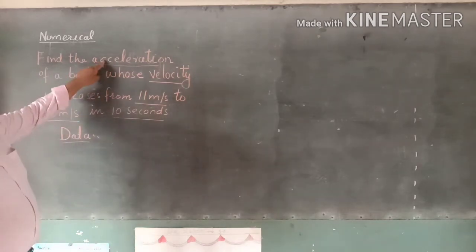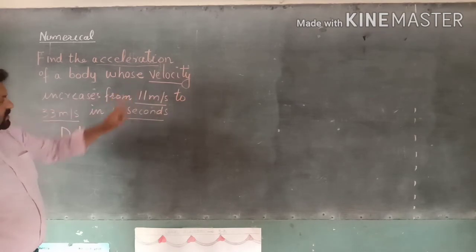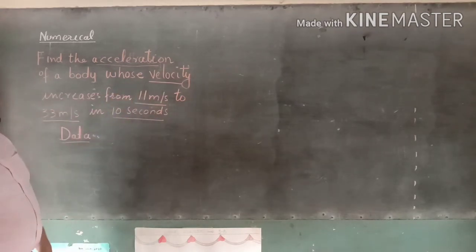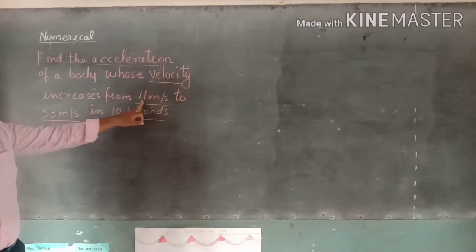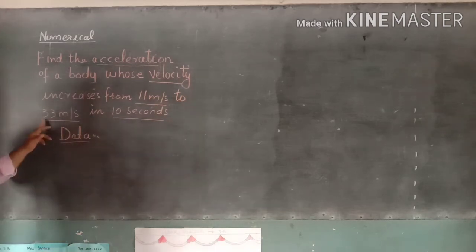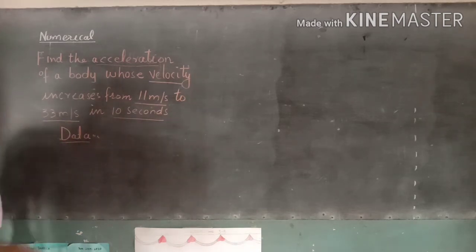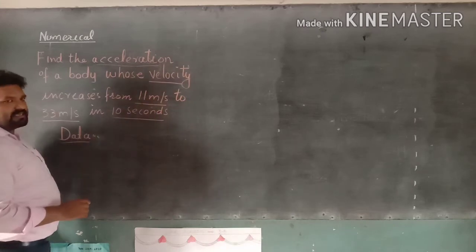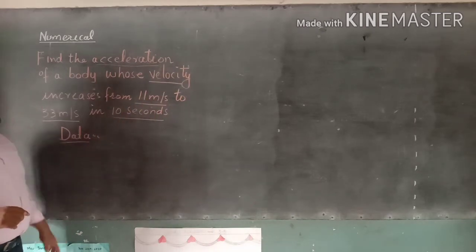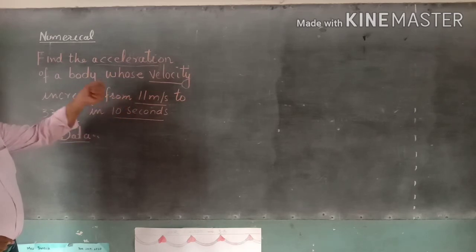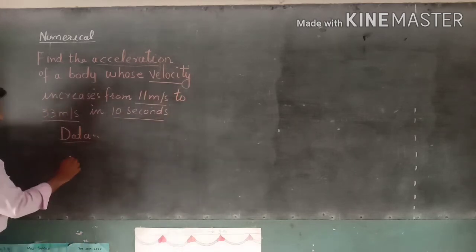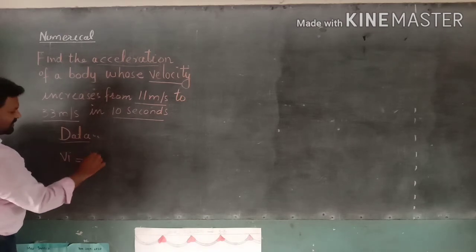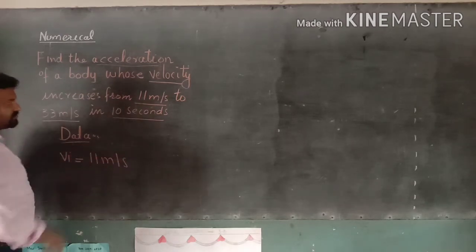So students, there are three things in this numerical: acceleration, velocity and time. Two velocities are given, 11 meter per second and 33 meter per second. 11 meter per second is the initial velocity because the body starts with this velocity, so Vi is equal to 11 meter per second.